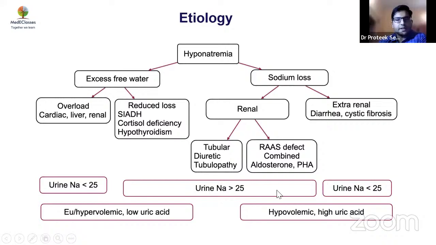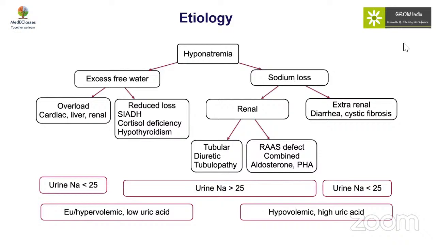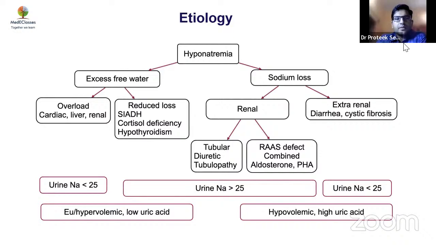Yes. So basically, hyponatremia can be classified, and the etiology can be told by whether there is any excess of extra water or the sodium is being lost from somewhere. So let's go to the excess free water. It can be due to overload conditions such as cardiac failure, liver failure, renal disease, where the body has water, but it perceives it as low water because there is decrease in effective circulating volume, or there is reduced loss such as SIADH, cortisol deficiency, and hypothyroidism.